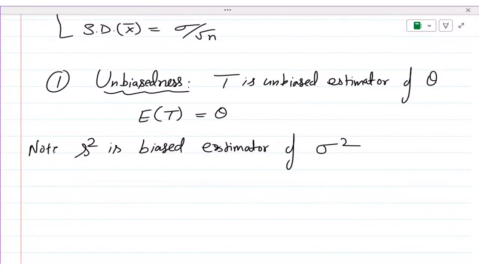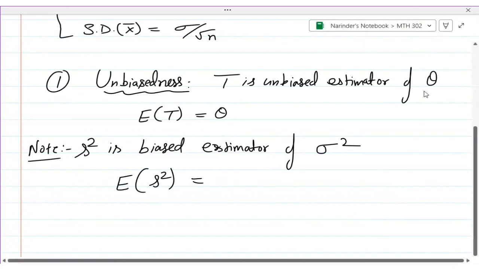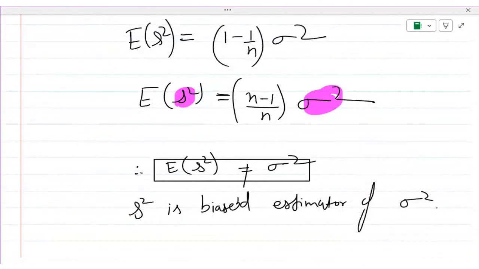In the end we did this yesterday. We noticed that if you find the expectation of s square, it was not equal to sigma square. In fact, it was equal to n minus 1 divided by n into sigma square.